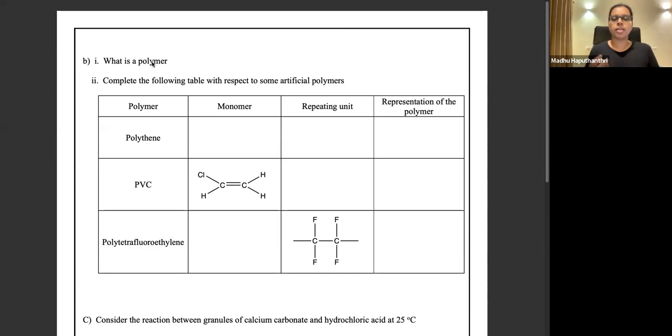And then it's coming as a combination of a large number of small molecules. Again, we are emphasizing large number of small molecules. Right. Then we have to fill in the table. Polythene, monomer. That's a very famous monomer. What do you call the monomer? What is the name of this monomer?